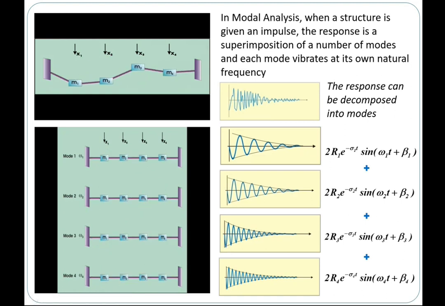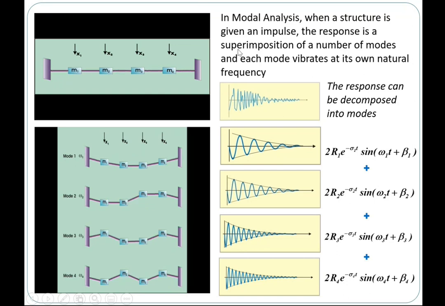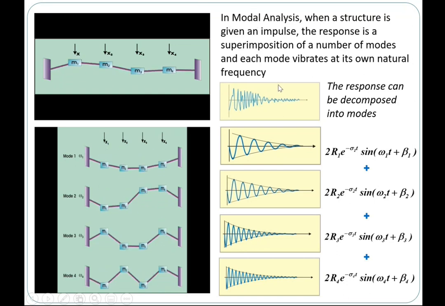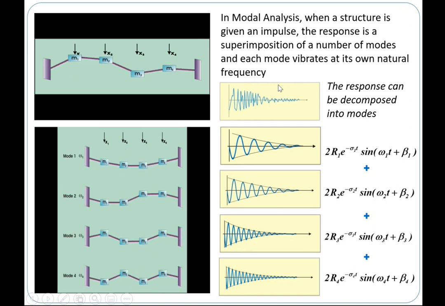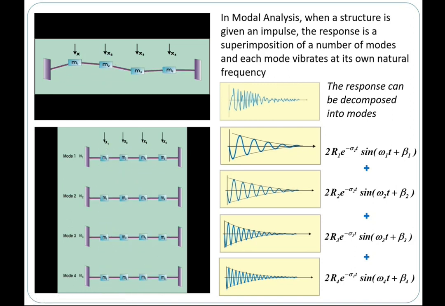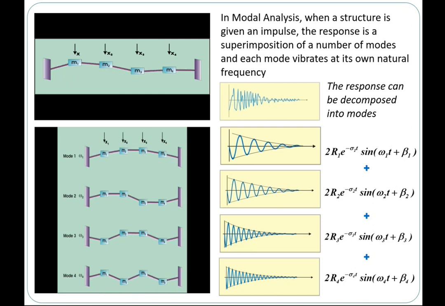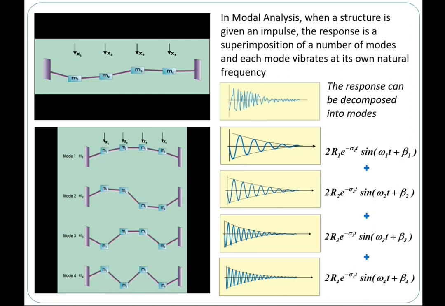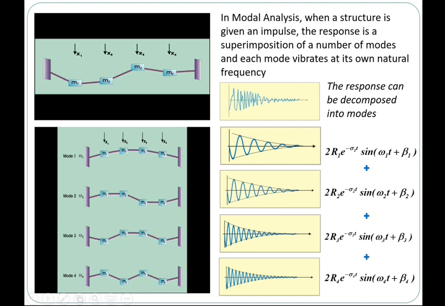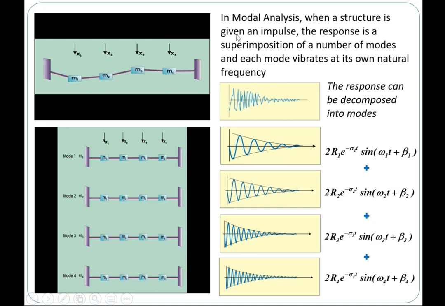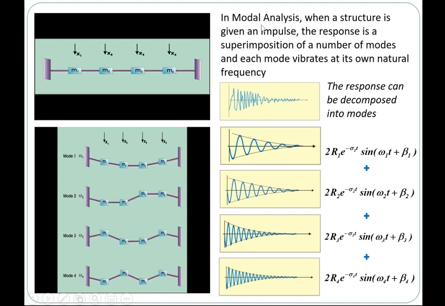There is one technique that you will be using. If you still remember our system input-output relationship, to get our system information or transfer function, we need to have input and output. Output over input gives us the transfer function. So we give an input, an impulse, then we measure the response due to this impulse.